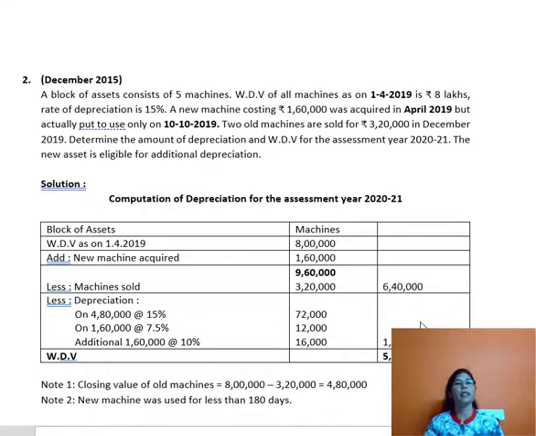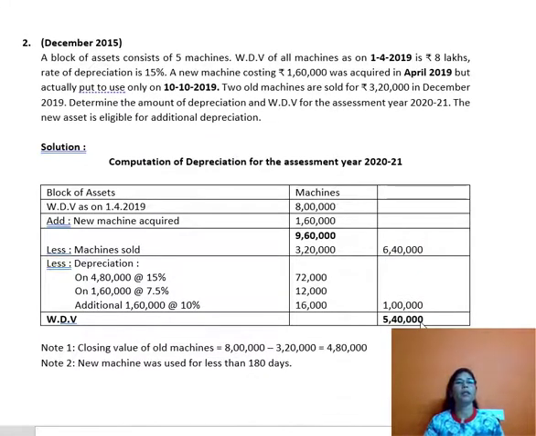Now let us see the second problem. This came in December 2015. A block of asset consisting of 5 machines. So in this entire block there are 5 machines. Written down value of all machines as on 1st April 2019 is rupees 8 lakhs.